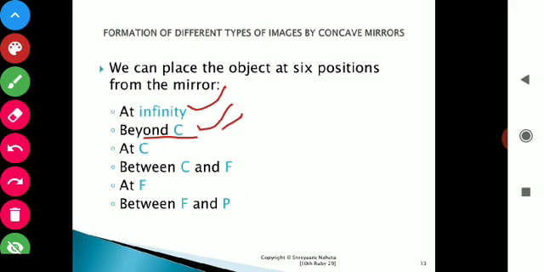So today we will do the third case, in which we will place the object at the center of curvature.